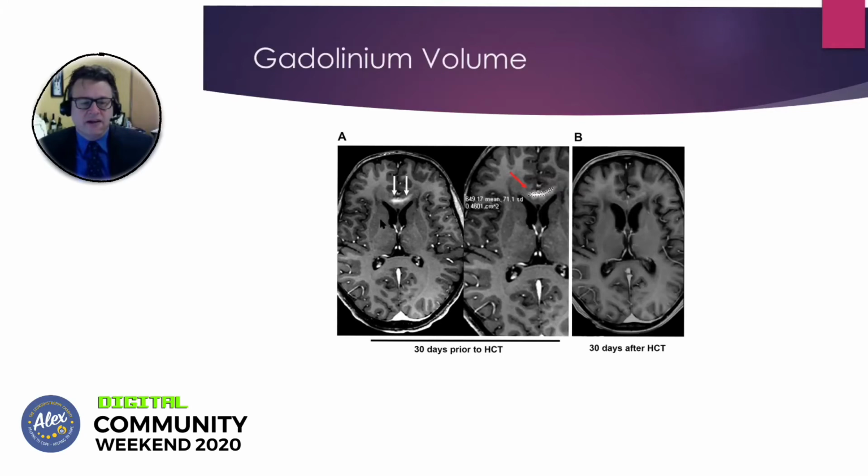It has an area and a volume, and you can actually outline this area and volume on the MRI. And again, this is a boy 30 days prior to transplant, and here he is 30 days after transplant. That signal is completely gone. And so we can go from a GIS of a 1, 2, or 3 to a 0. But again, we can measure this by outlining this area.